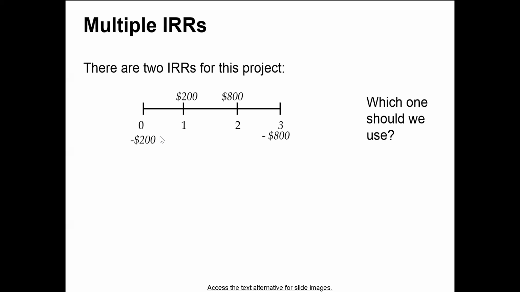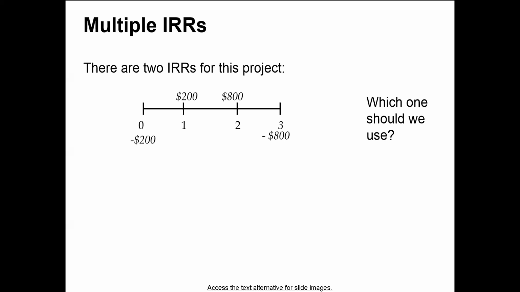All right, for the multiple IRRs, let's assume the cash flows like this. The initial investment is $200. In year one, you get a $200 cash inflow.